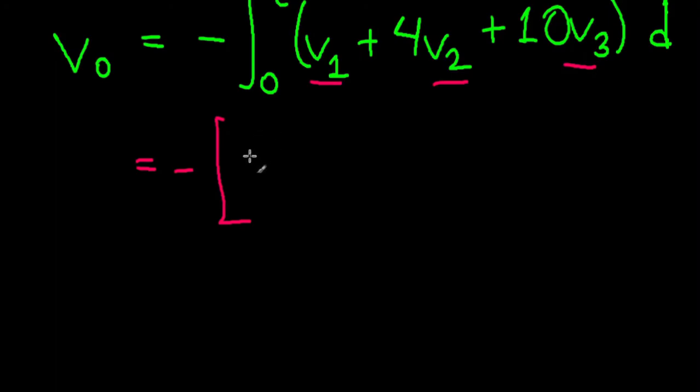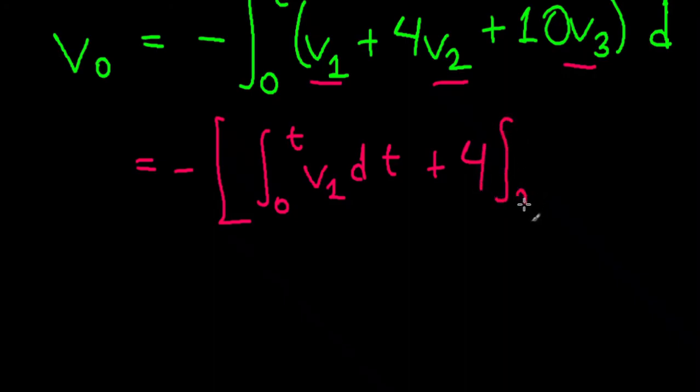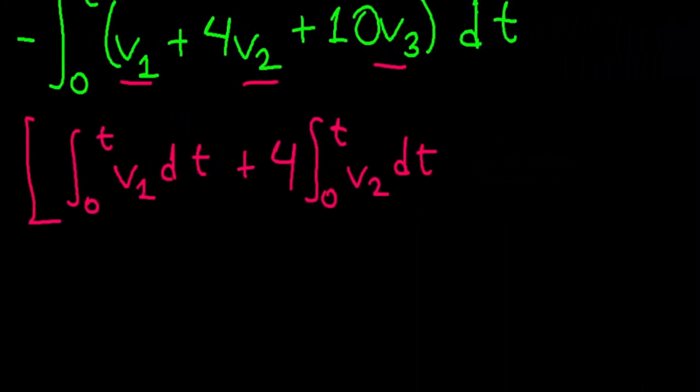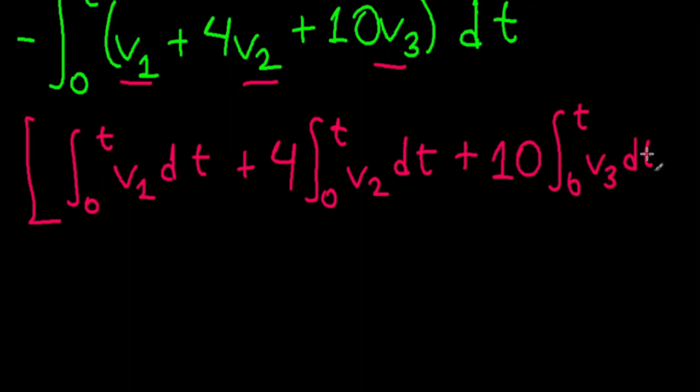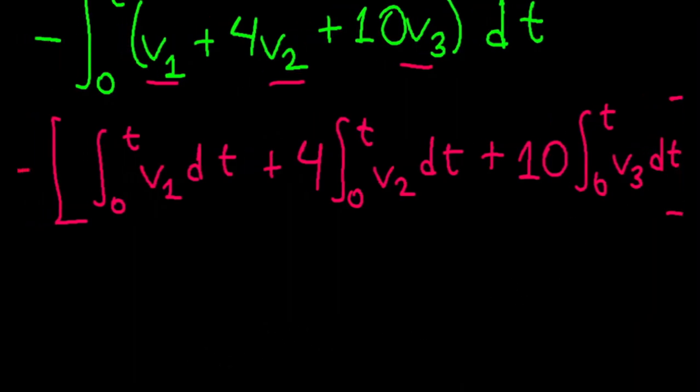So let's see: integral from 0 to t of v1 dt, plus 4 times the integral from 0 to t of v2 dt, plus 10 times the integral from 0 to t of v3 dt. All right, so this is just that rearranged.